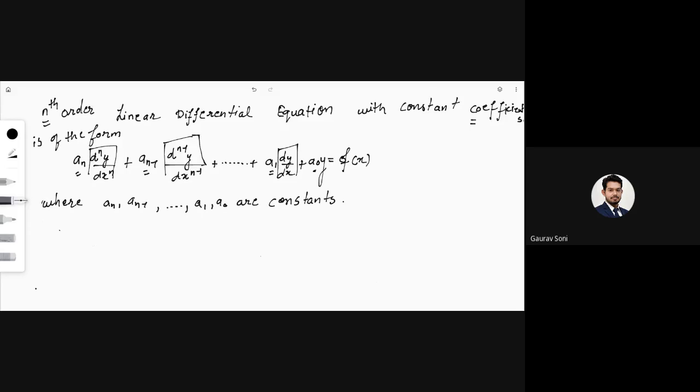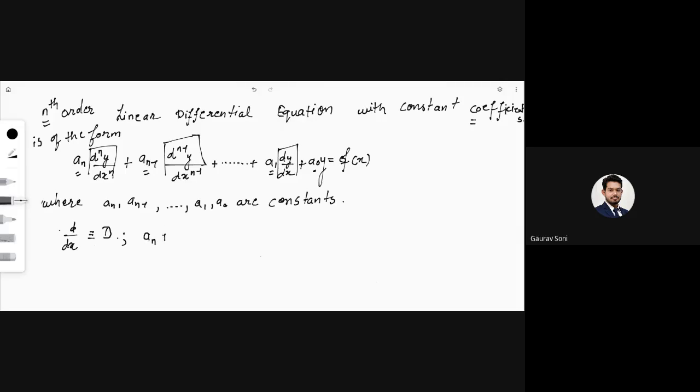So what I will do, I will write d by dx as capital D. Okay. So once I write d by dx as capital D, now my differential equation will be changed. So what do I get? An d raised to n is there.